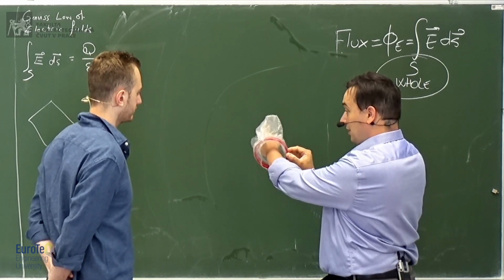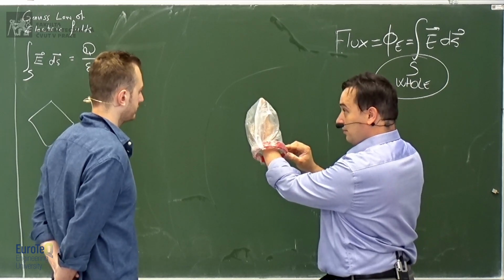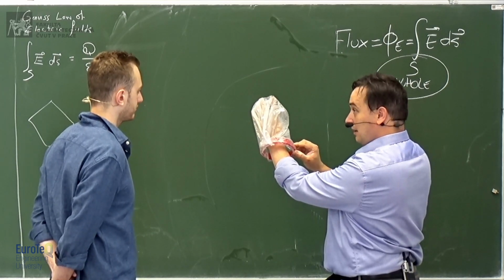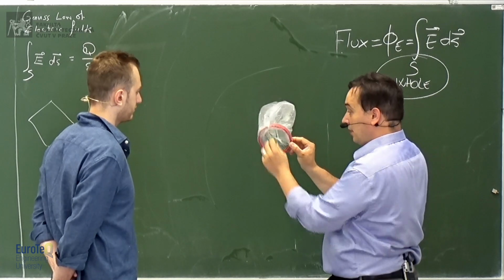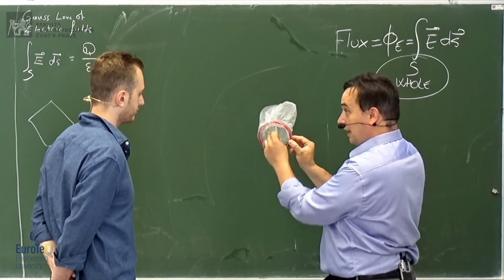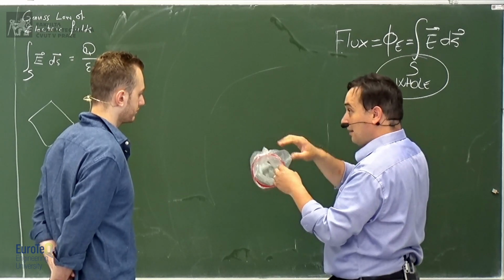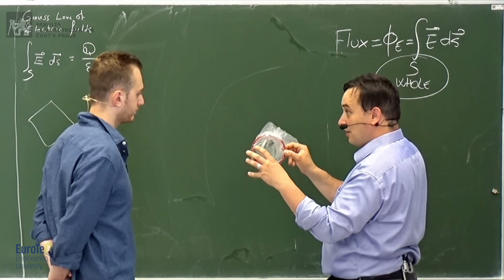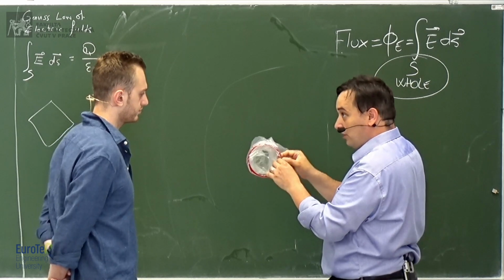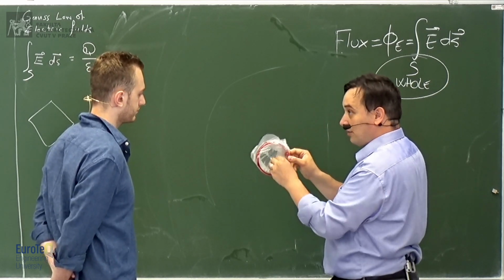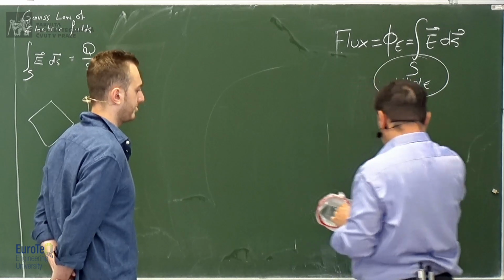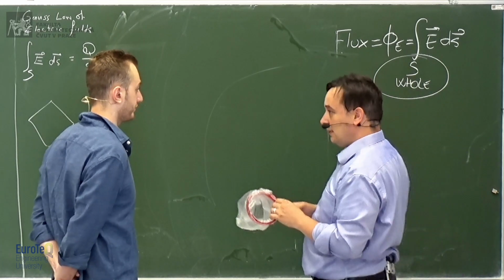If the charge is here, close to the edge of the back, a little portion will get out. If it's here, close to the opening, a large portion will get out. So of the total flux, the part which escapes and which is not computed depends on the position of the charge. It's not constant.